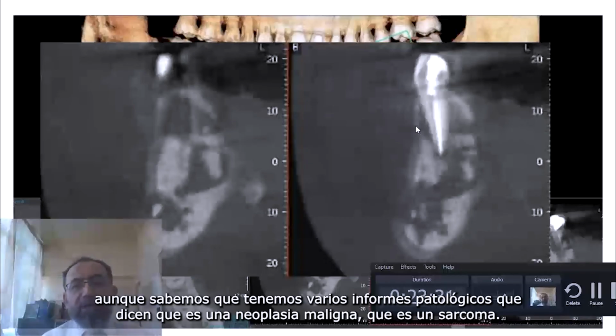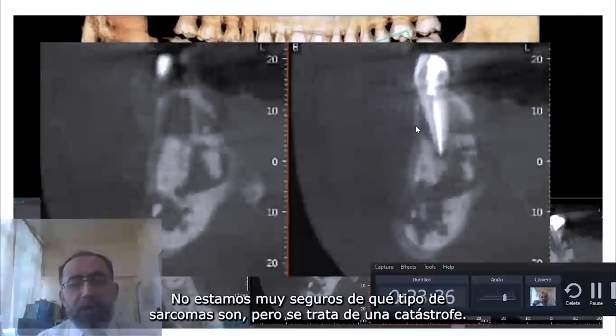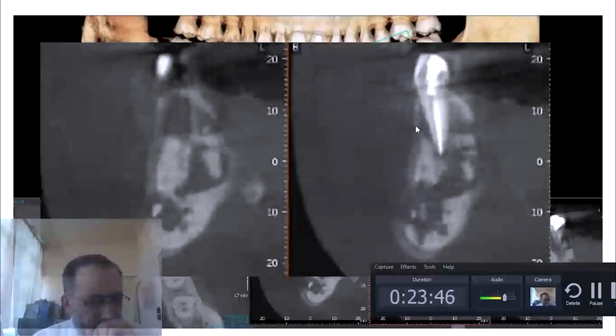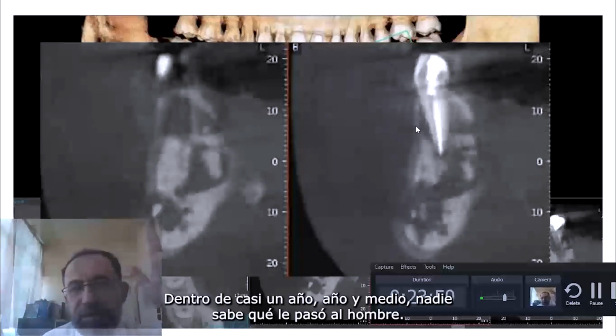even though we have several pathological reports saying it's malignancy, it's sarcoma. We are not very sure of what type of sarcoma, but there is a catastrophe here. The patient went home. That was almost a year and a half from now. Nobody knows what happened to the man.